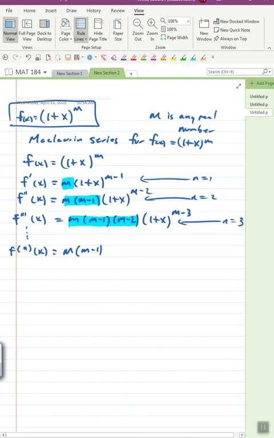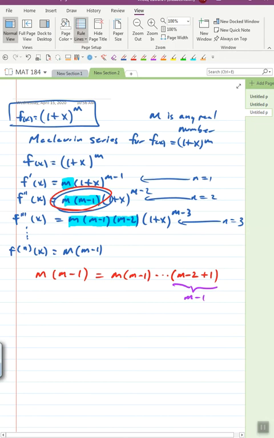Well, let's look at this one in particular, just to pick one. Do we agree that m times m minus 1 is the same thing as m times m minus 1 down to m minus 2 plus 1? Notice that that is m minus 1.